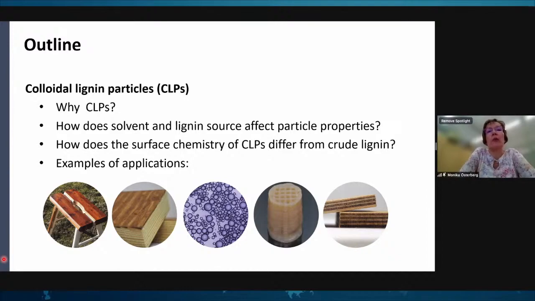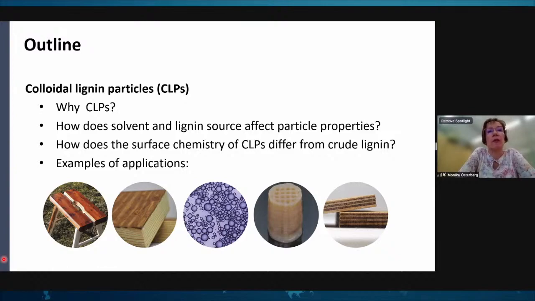And one important thing that we have found is that making these particles actually affects the surface chemistry. So the surface chemistry is different from the surface chemistry of crude lignin. And this will, of course, have an effect on the performance in the application also.